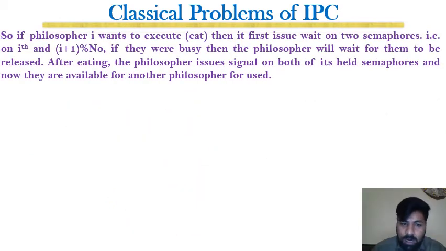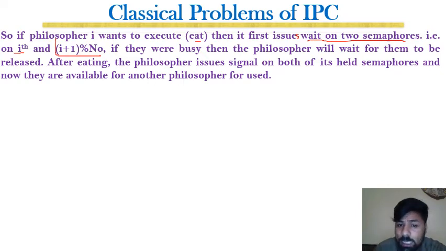Now we are moving towards designing an algorithm. If philosopher I wants to execute or eat, then at first it must issue a wait call on two semaphores, that is on the ith semaphore and the (i plus 1) modulus number of philosophers semaphore. These are the two chopstick values on which the ith philosopher should execute wait calls.